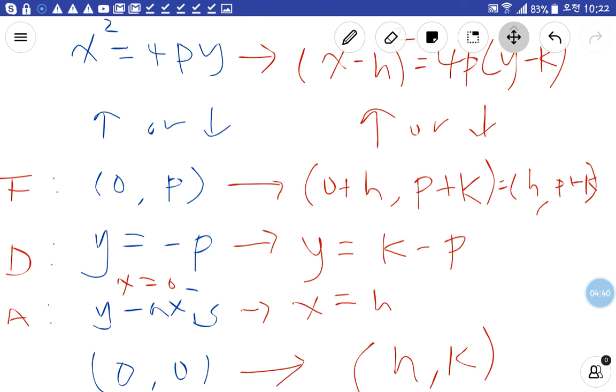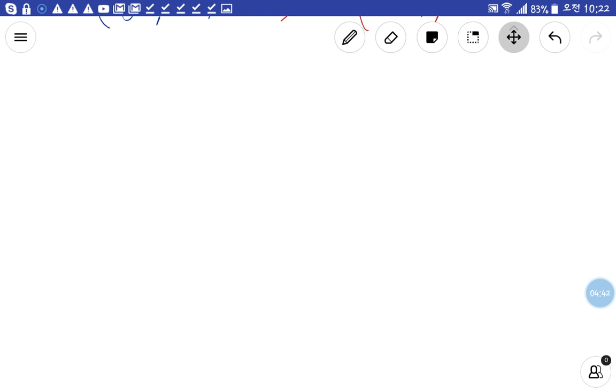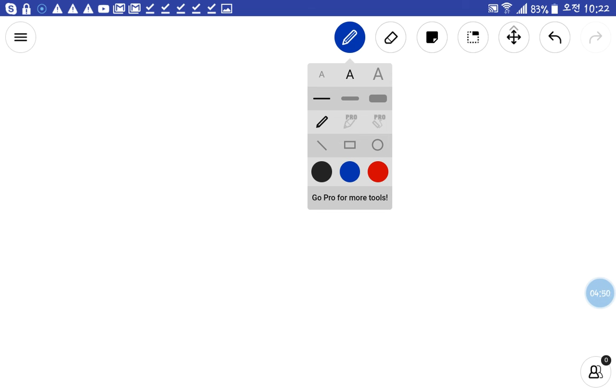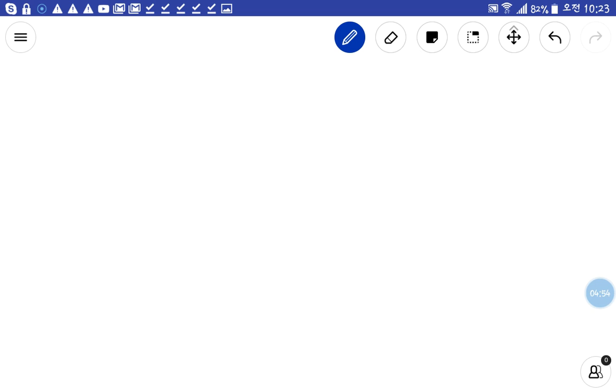Alright? And then I'm going to go on to the horizontal case, which is when your graph opens left or right. Starting with my basic form on page 583 again: y squared equals 4px, right? That opens what? Left or right.